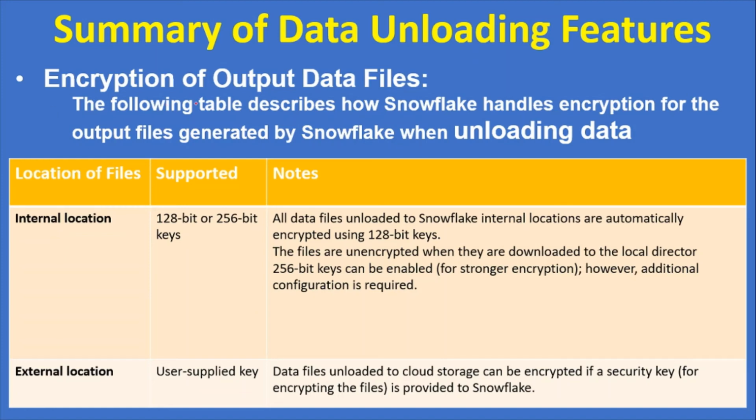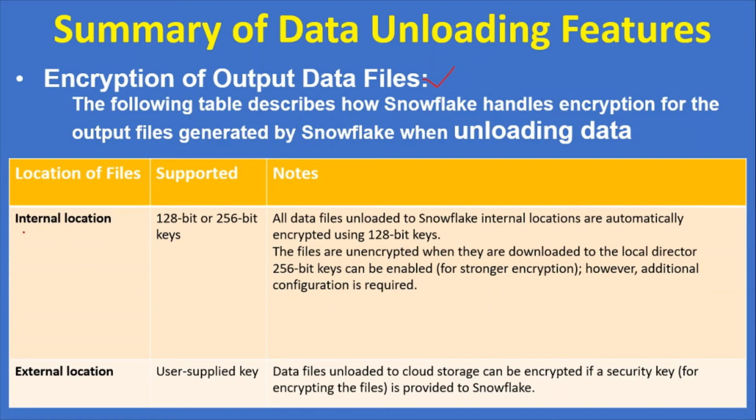The next one is the encryption of the output data files. The following table describes how Snowflake handles encryption for output files generated by Snowflake when unloading data. See here, based on the location, we are going to specify the encryption key.